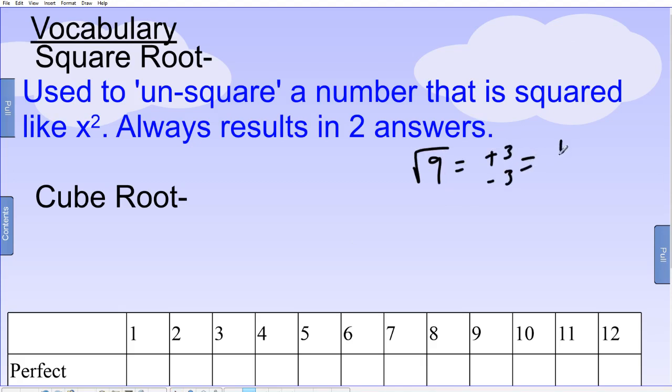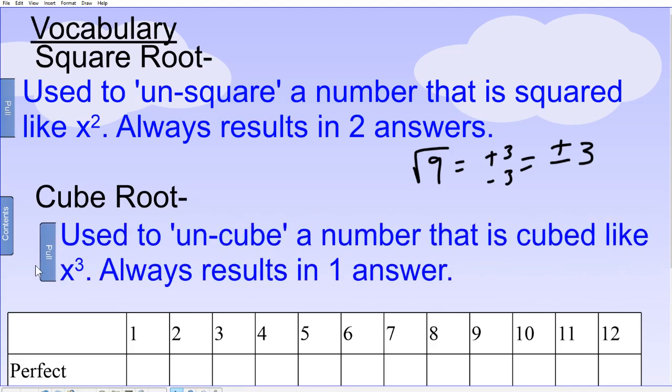And we usually write that as plus or minus 3. A cube root is used to uncube a number, and the numbers usually look like this, x cubed, and it will always result in one answer.